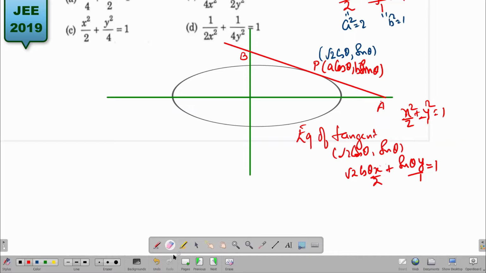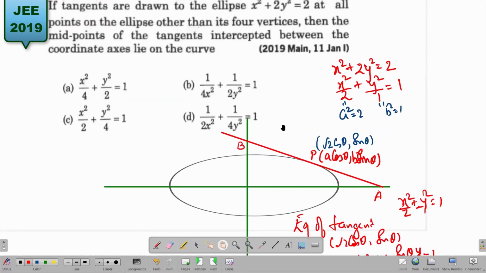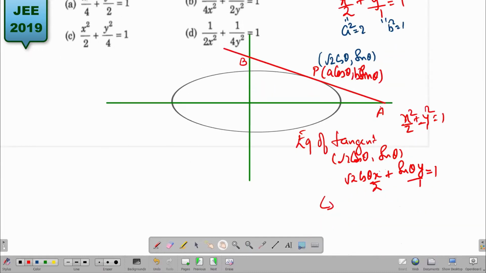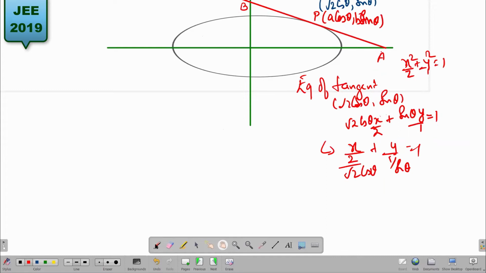Now I just convert this line into intercept form since I have to find the points on the x and y axis. So intercept form is x by a, y by b. So in this case, my intercept form is this. On further solving, I write this as x upon root 2 by cos theta and y upon 1 by sin theta.